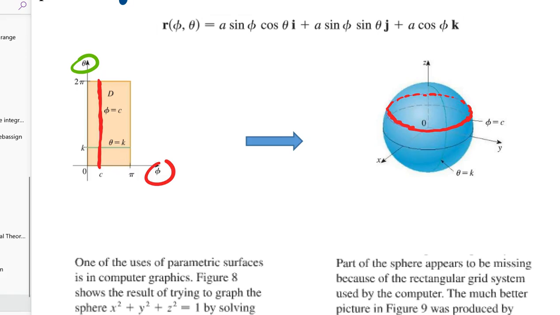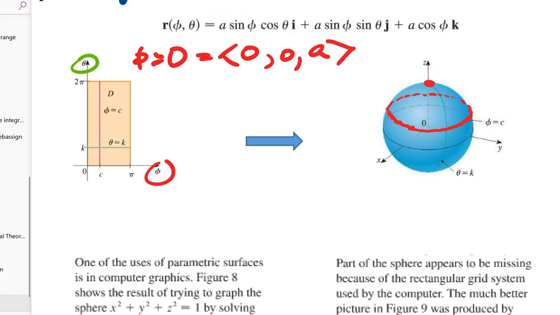All right, so when phi is constant, let's say phi is, I don't know, pi over 2. No, let's just say pi over 4. Ew, no, that's going to be gross. Let's say 0. So when phi is 0, we get 0, 0, and then a. So that's that point up there.